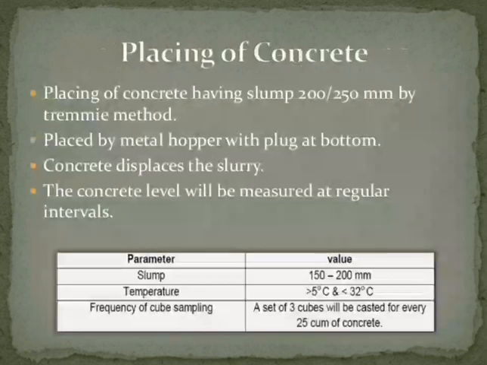Now placing of concrete. Concrete having slump 200 to 250 mm is placed by the Tremie method, by metal hopper with plug at bottom. Concrete displaces the slurry. The concrete level will be measured at regular intervals. Parameters and values are given in the table. The parameter for slump value is 150 to 200 mm, and temperature and frequency of cube sampling are also denoted in the table.